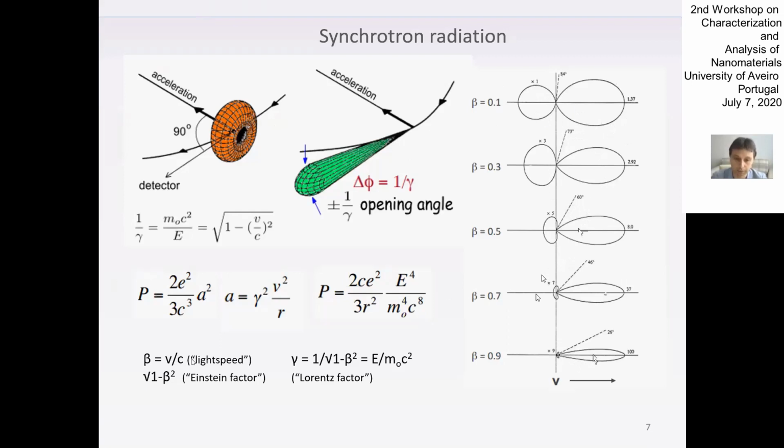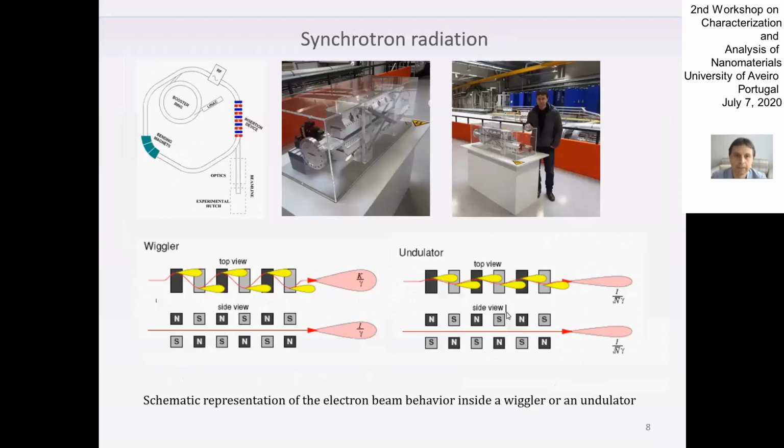And the power of this radiation also changes. This is the formula for the power of emission for the non-relativistic and relativistic cases. So this is a really important method to produce X-rays.